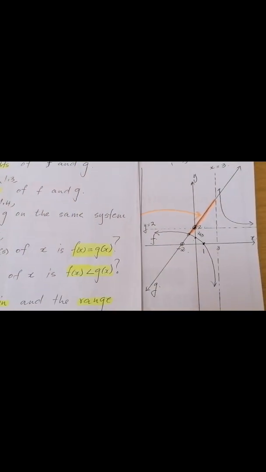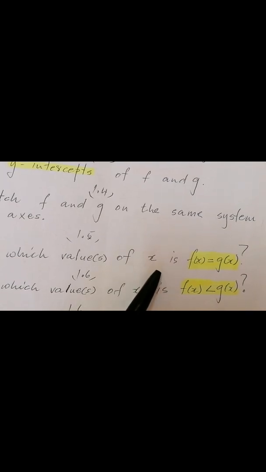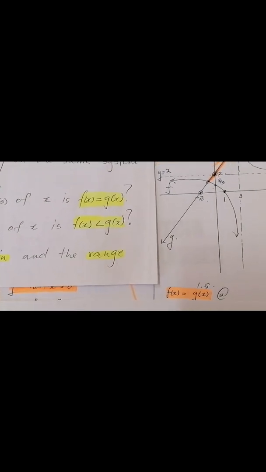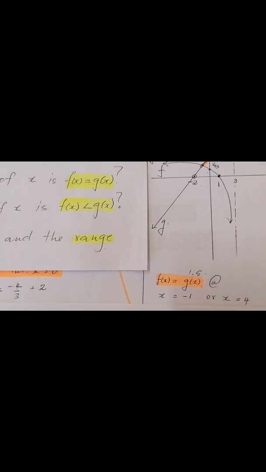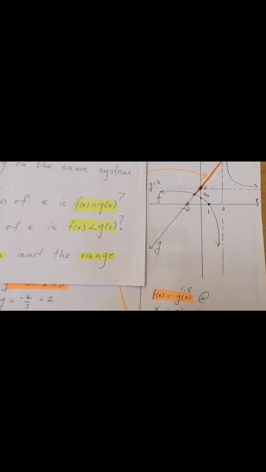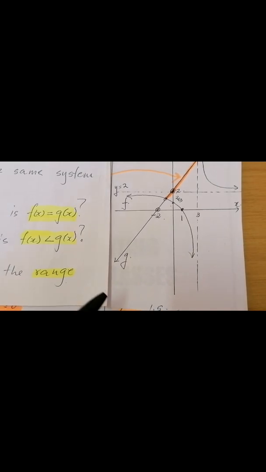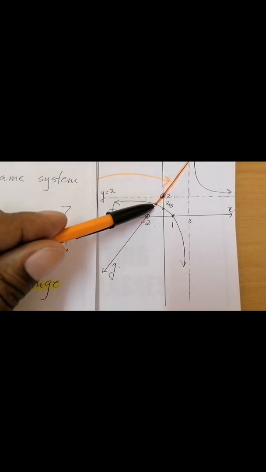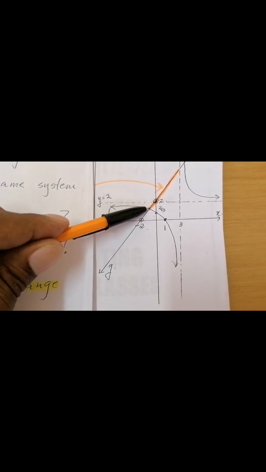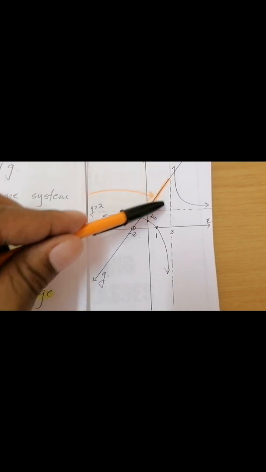Now, in this case, I just wanted the values of x for which these 2 are equal. When I did what I'm telling you about, my answers were x equals -1 and x equals 4. And x is -1 there, I can see that it is correct using mechanical inspection, and x equals 4.